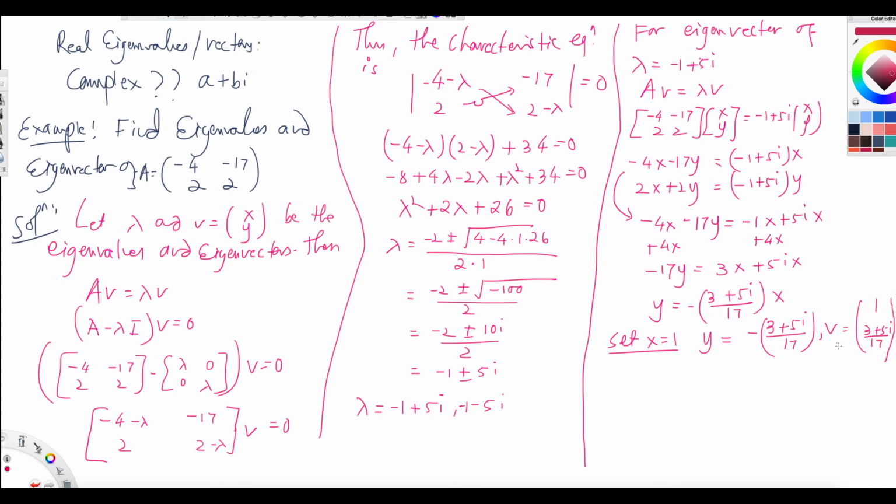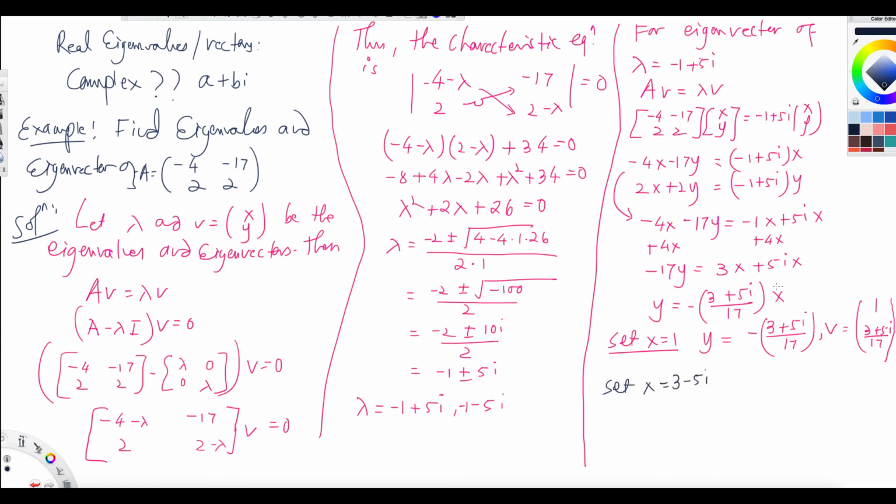But another cleaner way is, if I set x equals 3 minus 5i, then I can multiply 3 plus 5i and 3 minus 5i, and then you will get something nicer, okay? Instead of that fraction, you will get something nicer. Why did I pick 3 minus 5i?